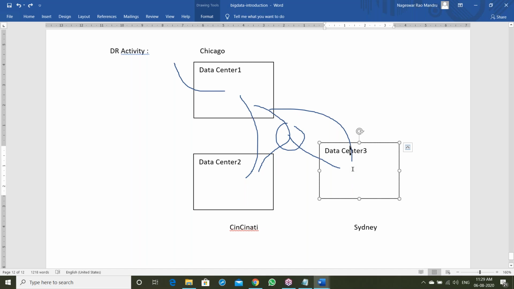At the end of the day the master cluster runs, taking the data and copying it to this location and that location. Hadoop takes care of that activity.